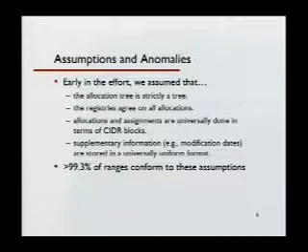We assumed that all allocations and assignments were done in terms of single CIDR blocks, which is true in most cases, but not all. And we assumed that all supplementary information, particularly modification dates, which we're interested in using to disambiguate some of these things, is stored in a universally uniform format, which it mostly is, but sometimes is not.